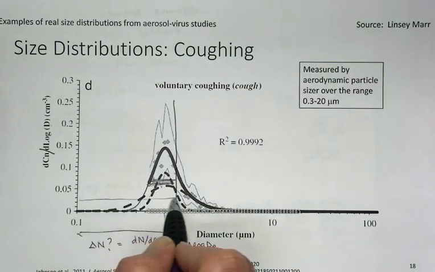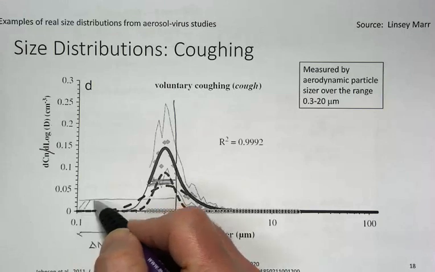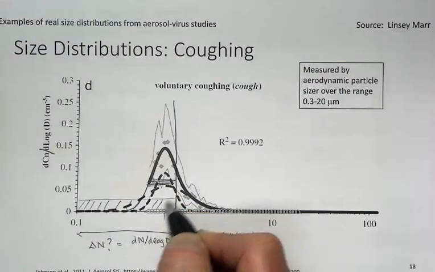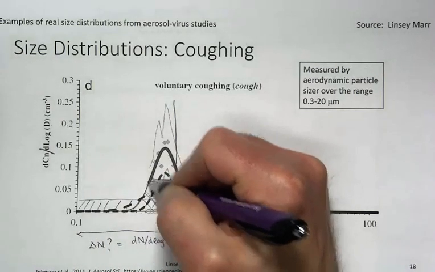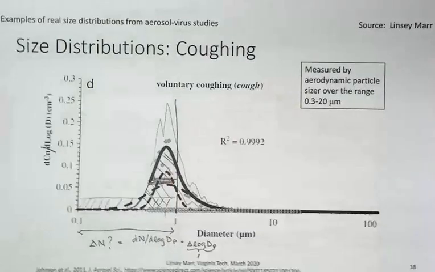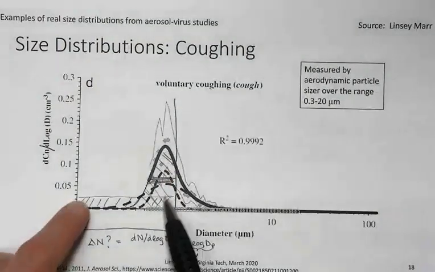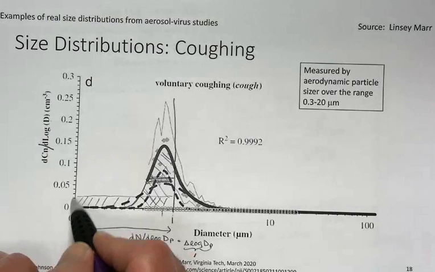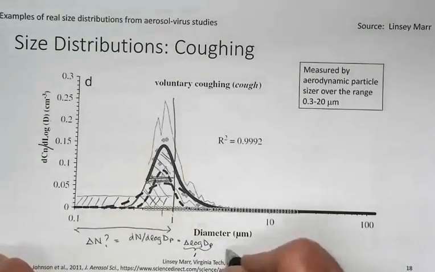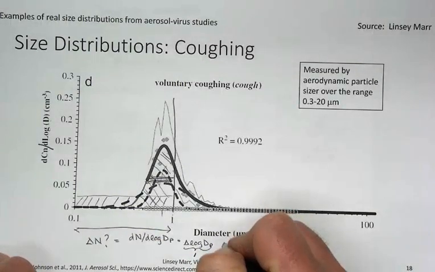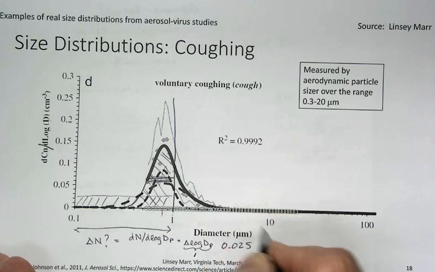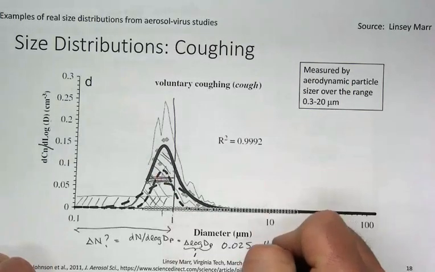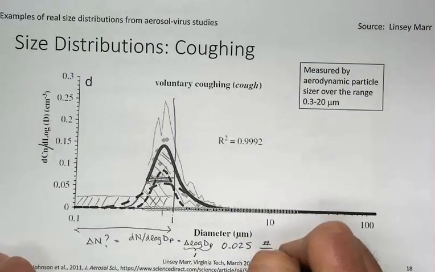So we might say something like that. And what I'm saying is the area here is maybe the same as the area here. And if you buy that, then this is the average function height at 0.025. And this has units of particles per cubic centimeter.